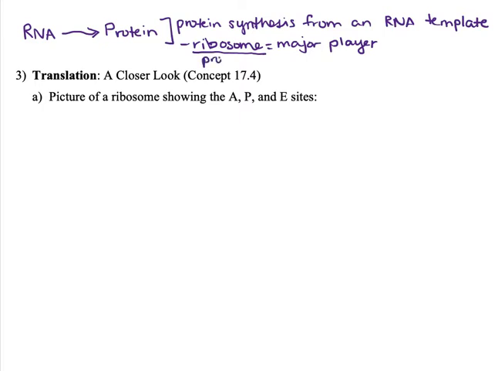In prokaryotes, ribosomes are 70S in size. So prokaryotes have 70S ribosomes, but eukaryotes have 80S ribosomes. That just means that the subunits of the ribosomes are a little bit different in size and have slightly different structures.